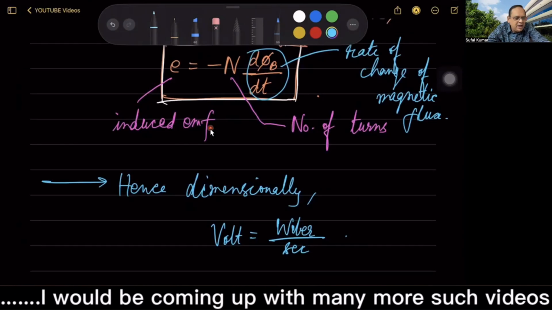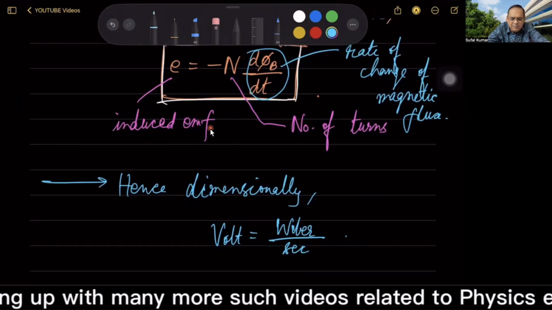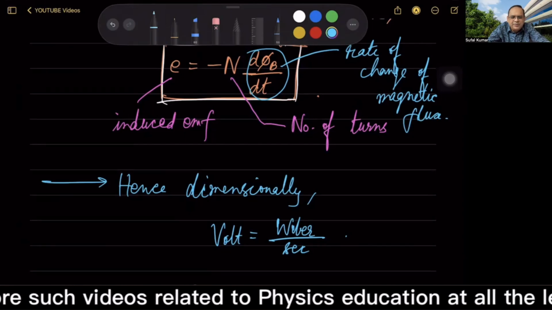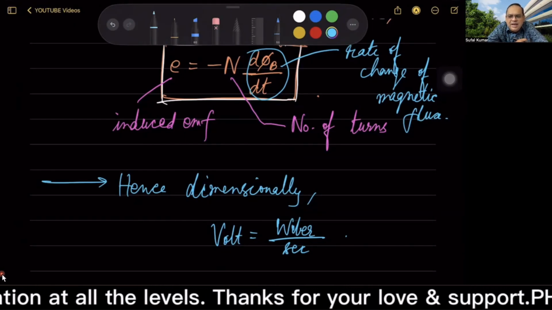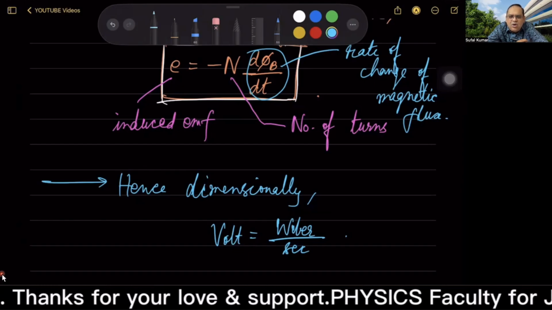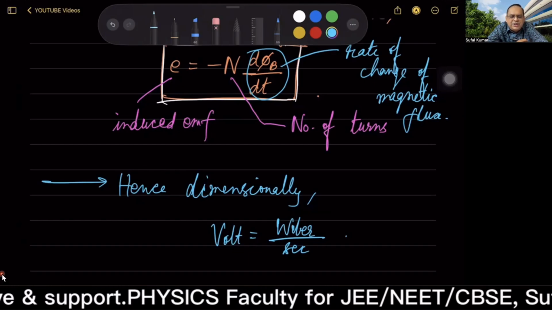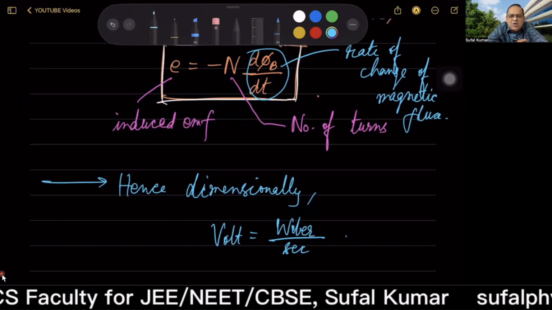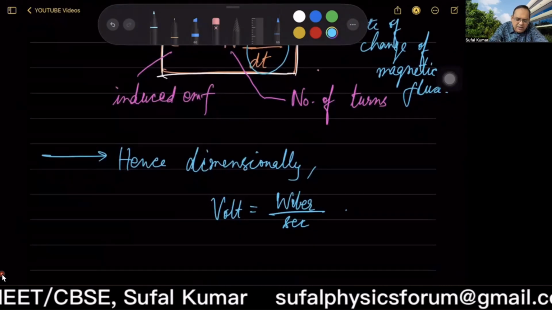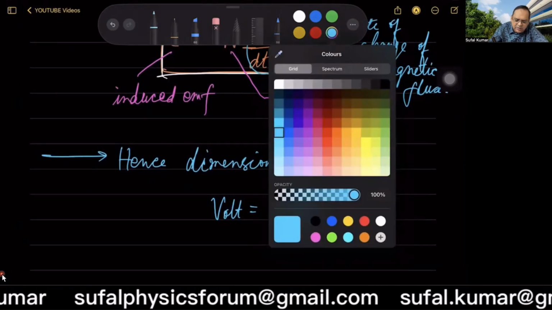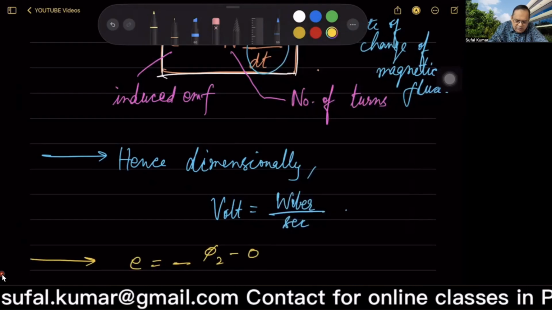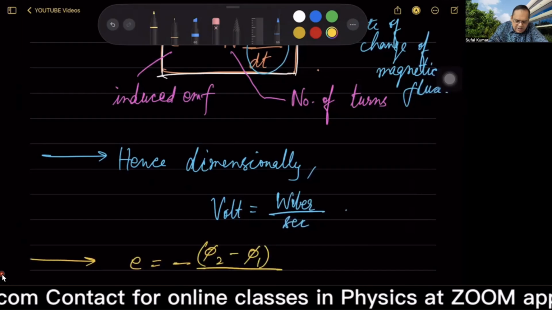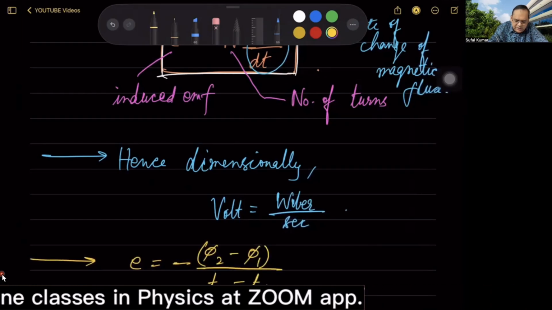Slowly we are about to reach the final point of this session, because we are to cover Lenz's law and the law of conservation of energy, how it is in accordance with it. Numerically, another format I also want to mention: E is equal to minus (phi 2 minus phi 1) upon (t2 minus t1).